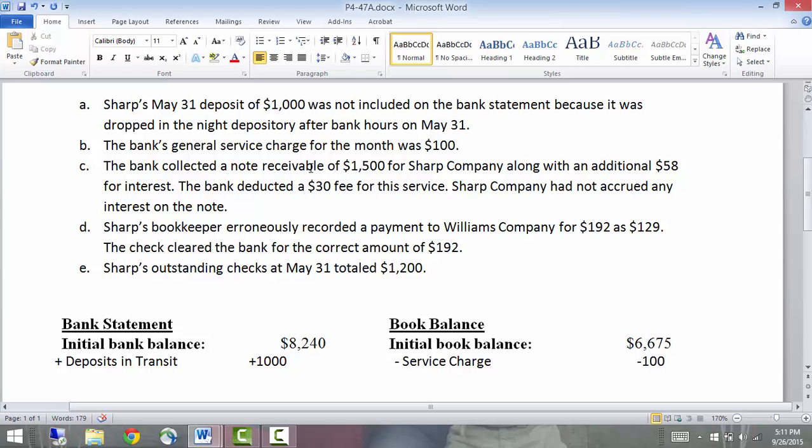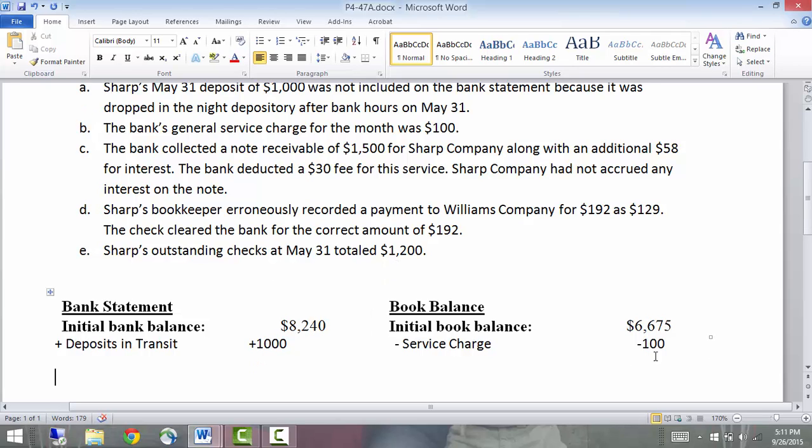So whoever owed us money from this loan, instead of writing us a check for $1,500 and then another check for $58 for the interest, they paid the bank. But they paid the bank the part that should go to us. So the bank would already have that reflected on the bank statement, but we need to adjust the book balance.